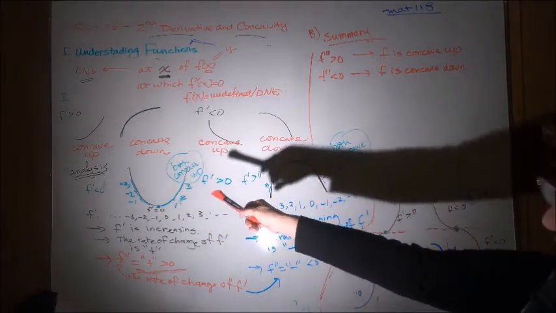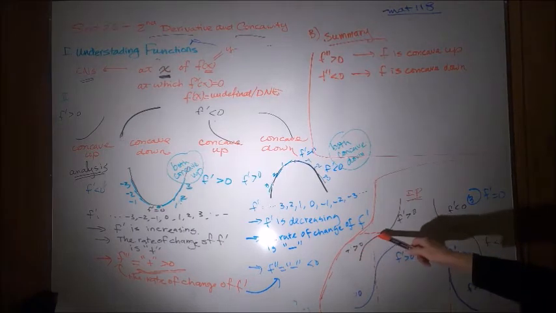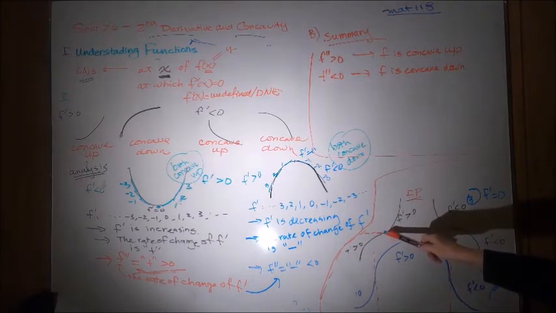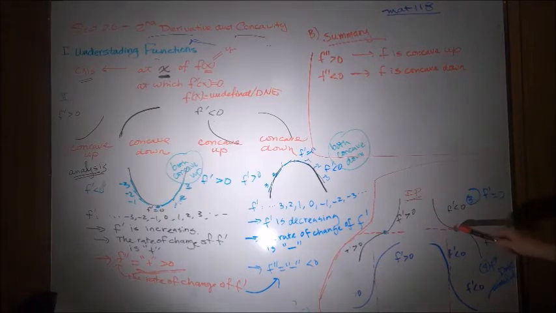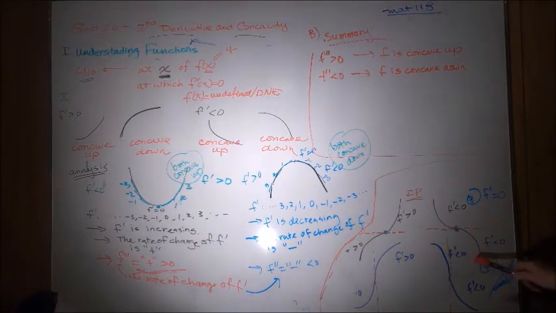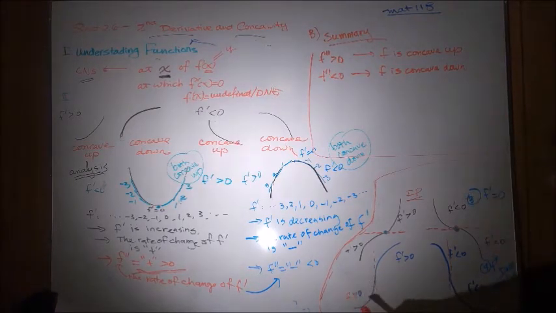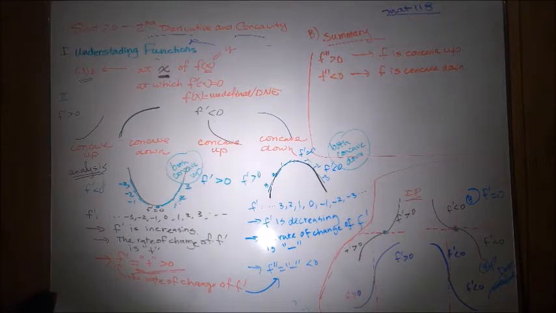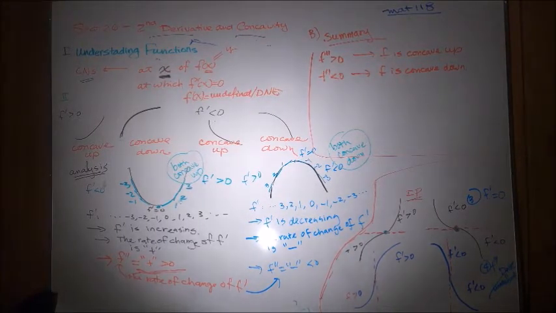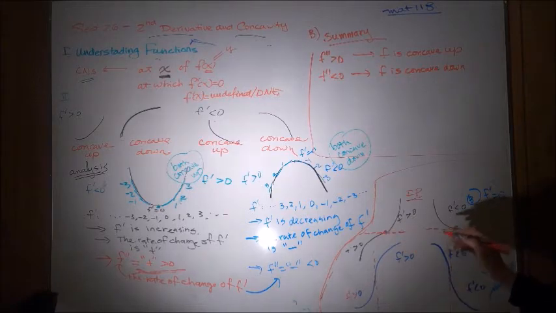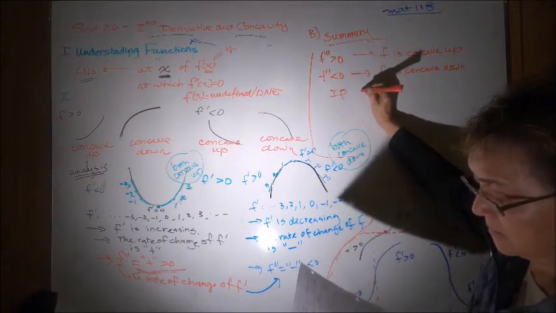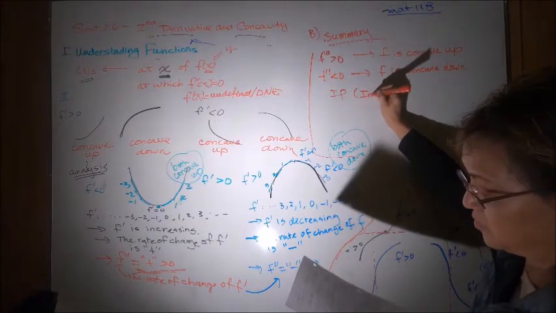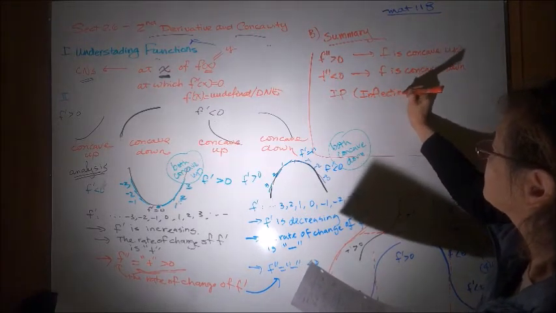When you have concavity changes, those are just the same always: concave up, concave down. But if you have concave down, concave up, or concave up, concave down, or like this, concave up, concave down, concave up, right? When you have concavity changes, the point will be your inflection point.